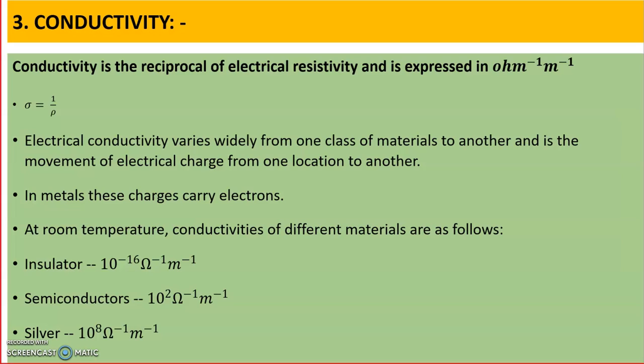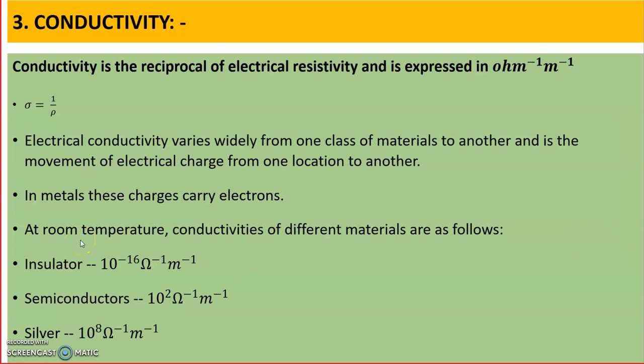So what are the charge carrier movements? That indicates current and that will indicate the conductivity. So it is the movement of charges from one location to another, from top to the bottom. In metals, the charge carriers are electrons.